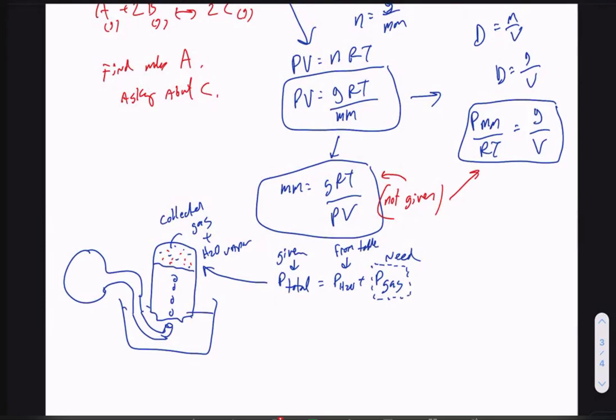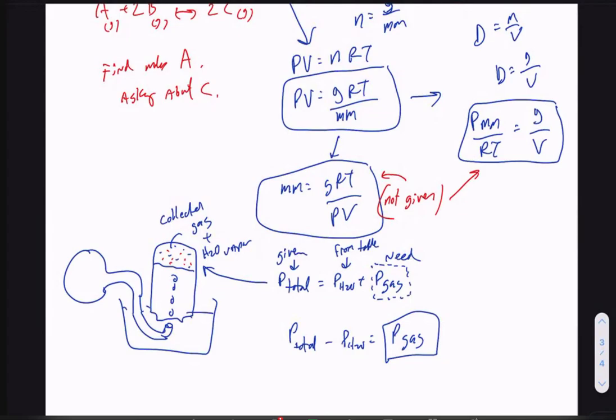So the first thing you do in any kind of problem where they talk about collecting gas through water is you have to subtract out the water vapor. So P total minus P H2O is how you're going to find P gas. Where do we get P H2O? You would have to be given that in the problem. Otherwise, you wouldn't be able to do it.